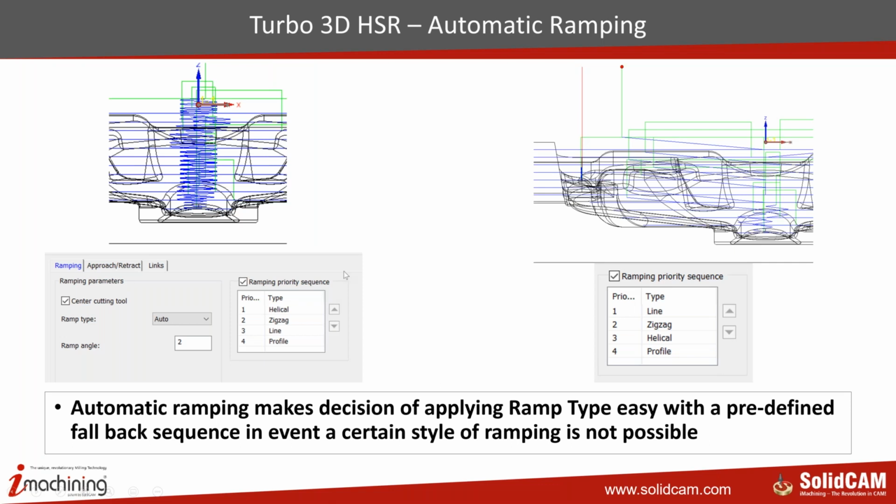If it is not possible, you can also set the sequence of priority. If helical ramping is not possible, what has to be the next option, whether you use zigzag or linear or profile. All these ramping functions can be set as a default priority sequence. So it will pick the ramping options looking at the sequence of priority that you have defined.